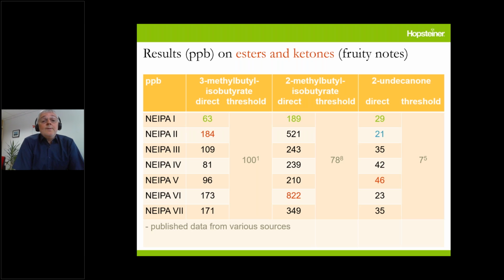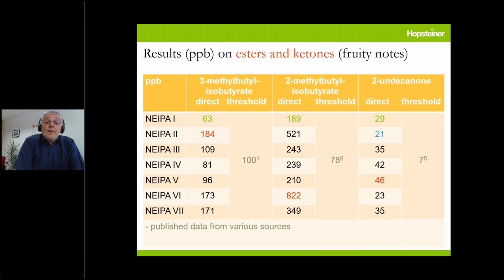We have the 2 esters, 2-methyl-butyl isobutyrate, and as an example representing the ketones, we have 2-undecanone. Again, the range is from 63 for the first ester up to 184. And in most cases, you have higher concentration as compared to the published threshold value.